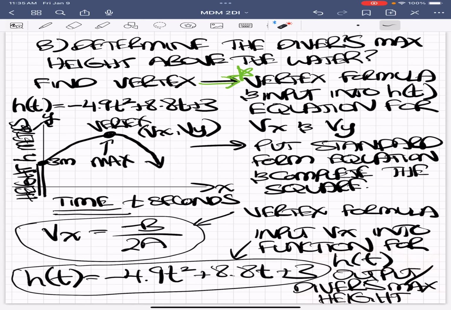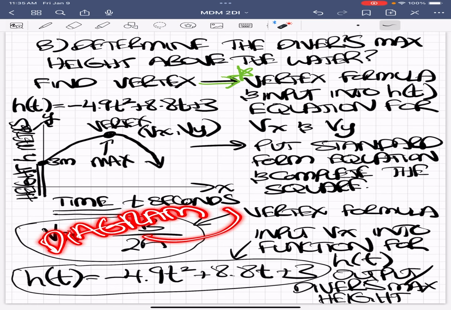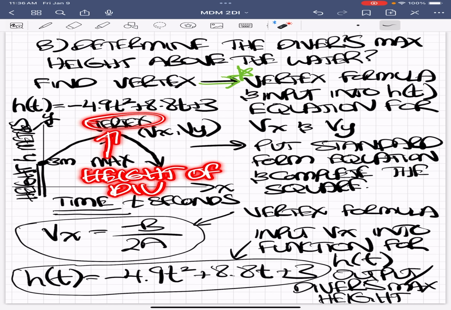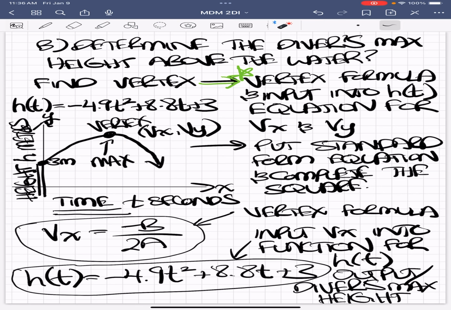We have a little diagram here. So our x is time in t seconds, and then our height is in h meters. And what we need to find is the vertex to get the max height of the diver. So we start at 3 meters, and we need the max height of the diver.